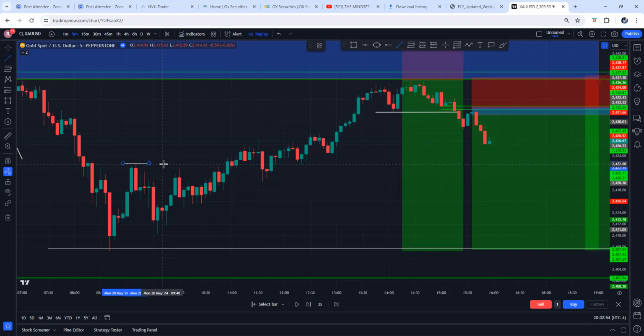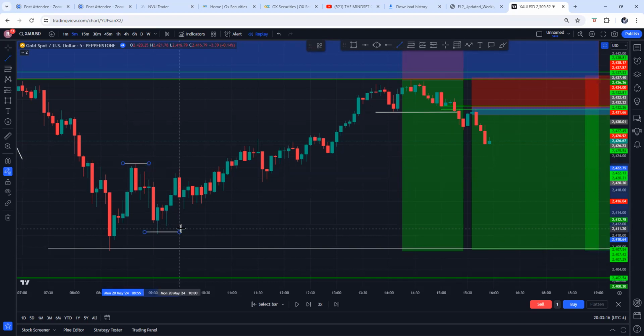Weak, right? So weak high. We didn't break lows. Look, this was the low. Everybody, this was the low. This high didn't break the low. So it's a weak high. Remember, we expect weak highs to get broken. All right, what's this here?